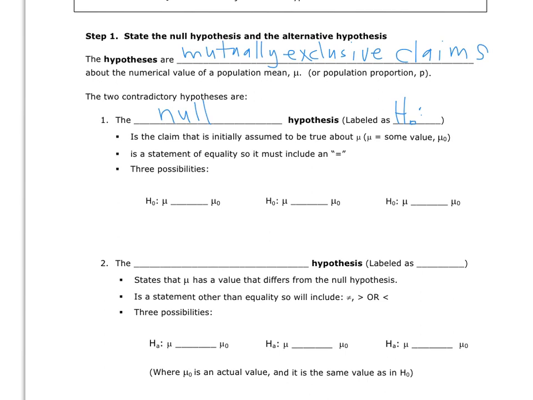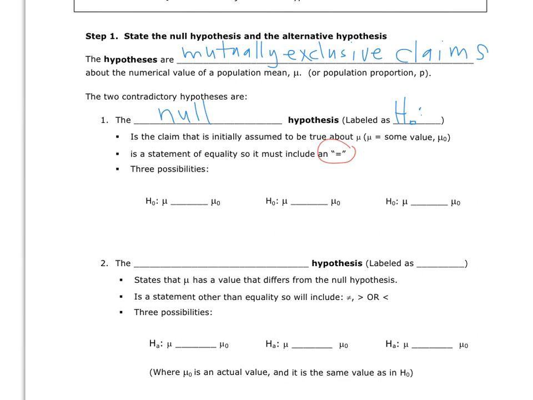It is the claim that we initially assume to be true about mu, or if it's about a proportion about p. We assume that mu equals some specific fixed value, which we use mu sub 0 to stand in for. It's always a statement of equality, so it's always going to be a statement that has the equal sign in it. So there's three possibilities to have a statement of equality.